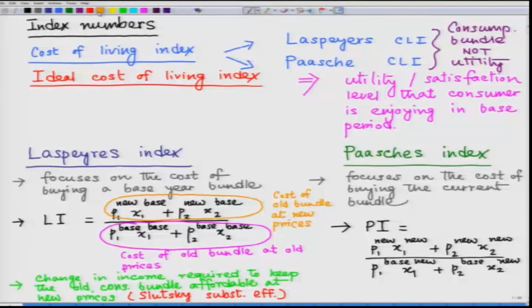Now, what does it mean? Let us look at the numerator first. So, this is the cost of new bundle at new set of prices.